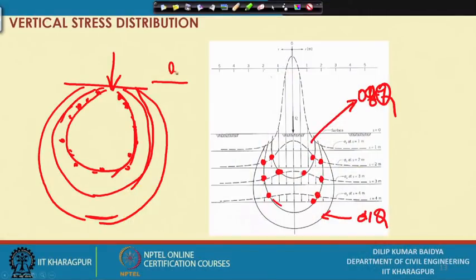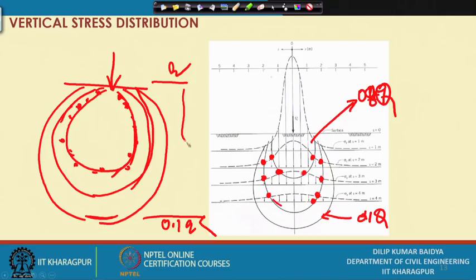If I apply a stress magnitude of, suppose, q, and at a particular depth the pressure intensity becomes less than 0.1 q, suppose I have applied q at the surface, and at a particular depth it becomes less than 0.1 q, that is what we consider in soil mechanics or geotechnical engineering as the depth of significance or significant depth.